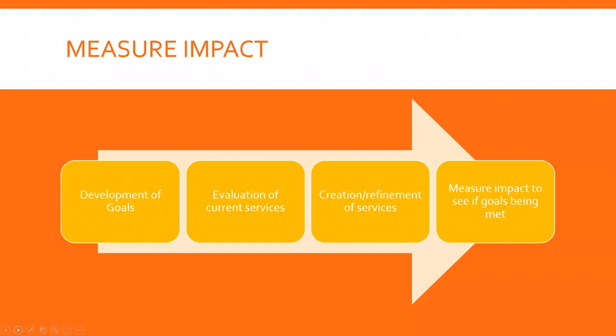So to talk a little bit more about measuring impact, there should be this first stage where you're developing the goals. You're developing what you want to see as a result from the creation of online finding aids and online collections. And then you should look at the current services that you're providing. You should look at your online finding aids and say, okay, do these have the features that we want?